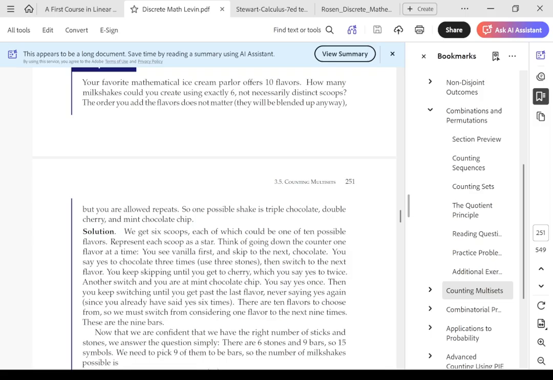All right, so the problem tells me that I have six scoops to work with and 10 flavors. We can think of the scoops as being identical.